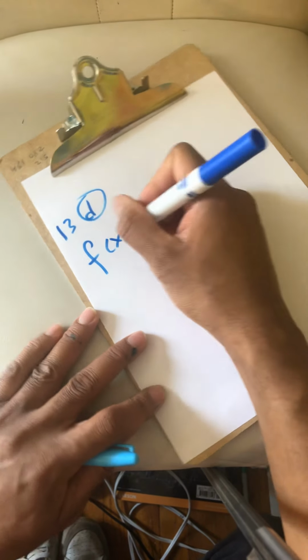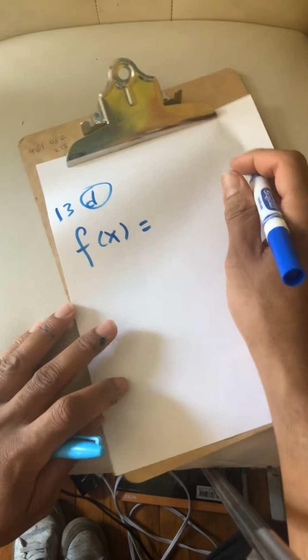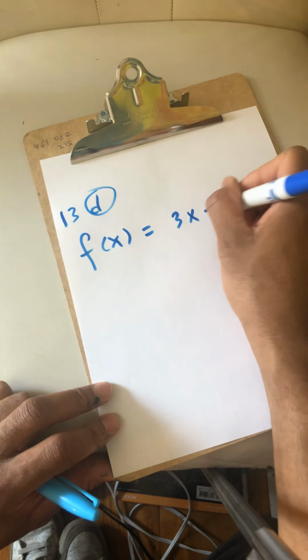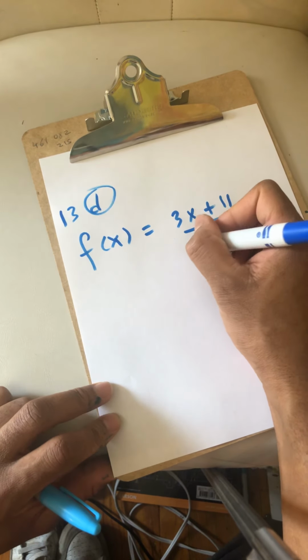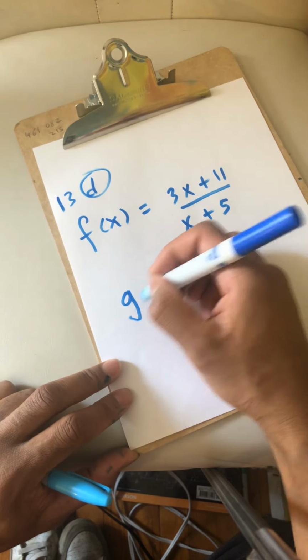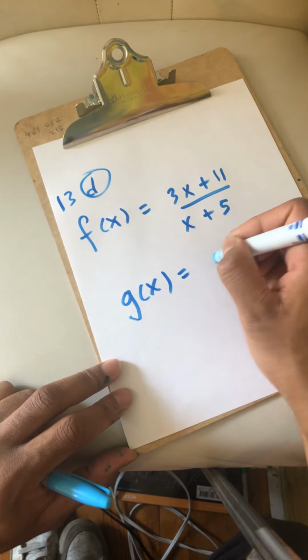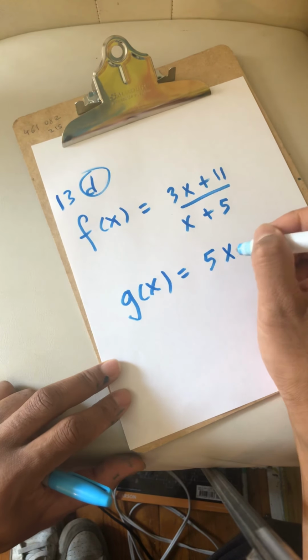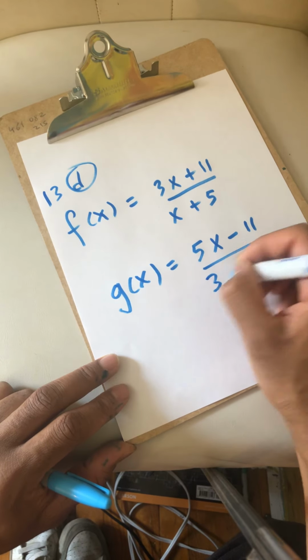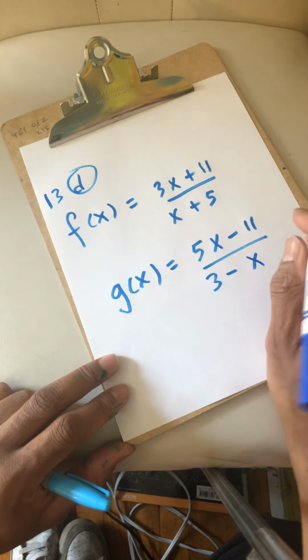F of x is equal to 3x plus 11 over x plus 5, and g of x is equal to 5x minus 11 over 3 minus x.